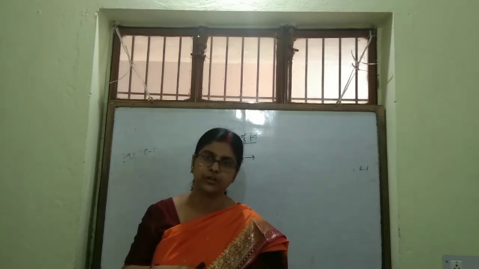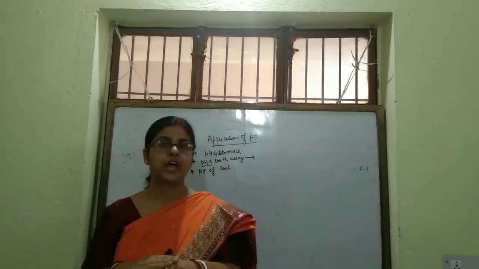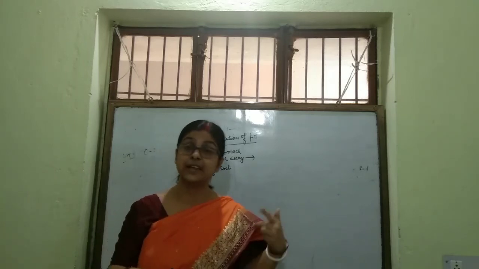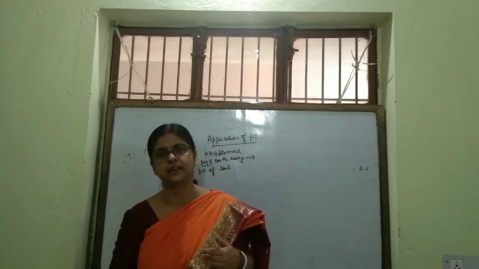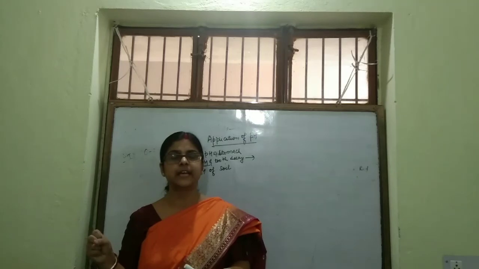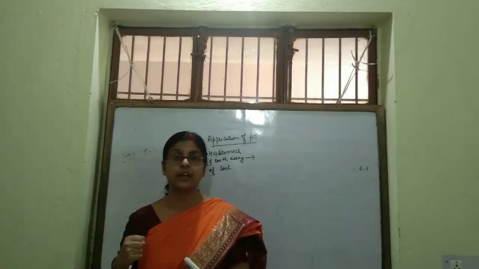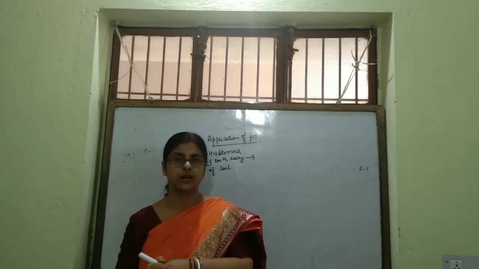So these are some of the examples of application of pH. I am also giving another example which is very common. Whenever a milkman, दूध वाला, is carrying milk over a long distance, he carries some baking soda along with his milk.